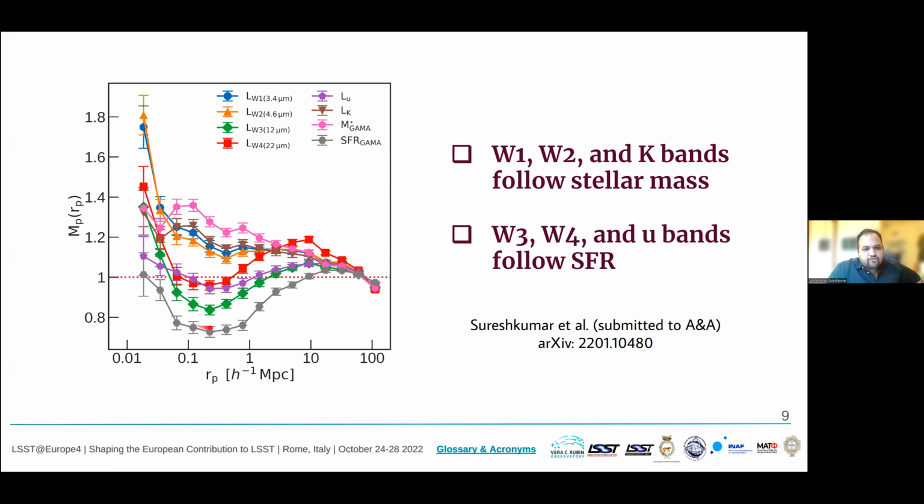Then we have the star formation rate, the gray one, and the W1, W2 and K band are similar to stellar mass in their marked correlation functions. At the same time, W3 and W4 are mimicking the star formation rate in their clustering behavior. So this also tells us that even the mid-infrared bands are not perfectly correlated with the stellar mass or star formation rate in tracing the environmental dependence.